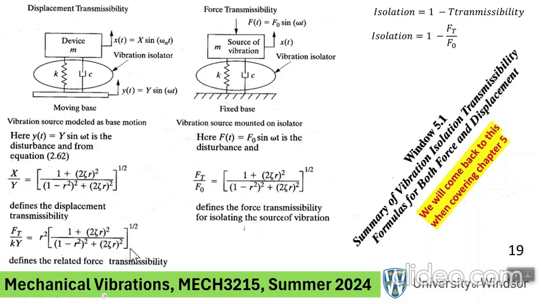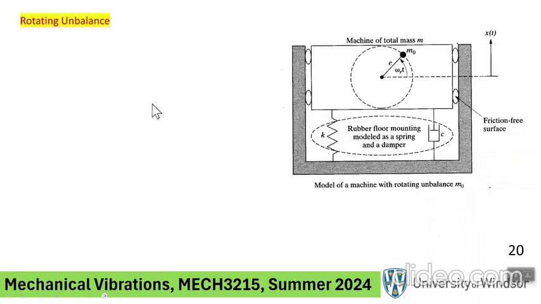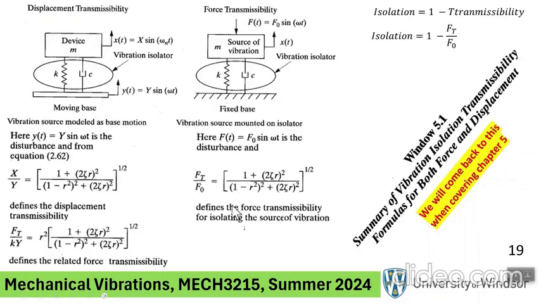This is the force transmissibility due to the displacement of the base. Notice the difference between these two: there is this r squared here, which is not there. And also here you have the value of f naught right there, but there it is non-dimensionalized by taking the stiffness of the spring multiplied by the amplitude of the base.